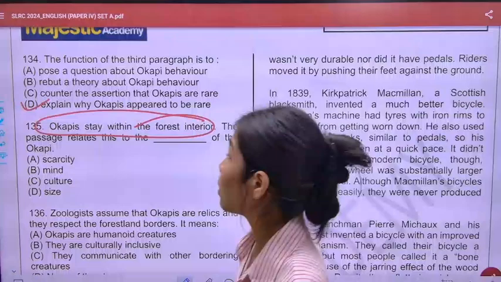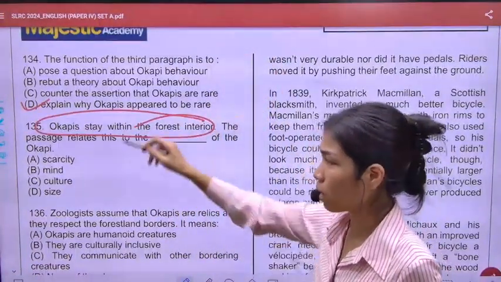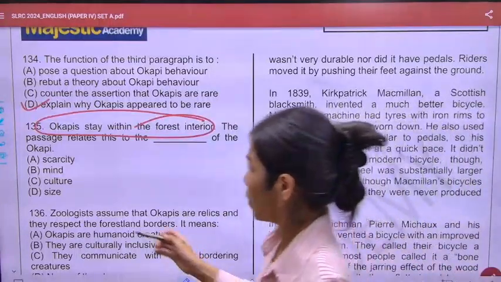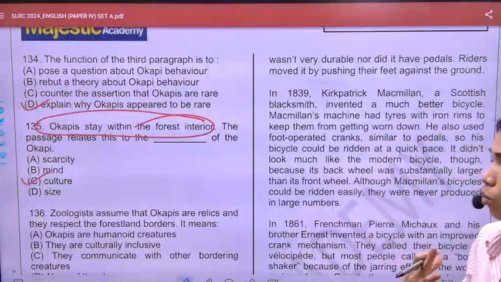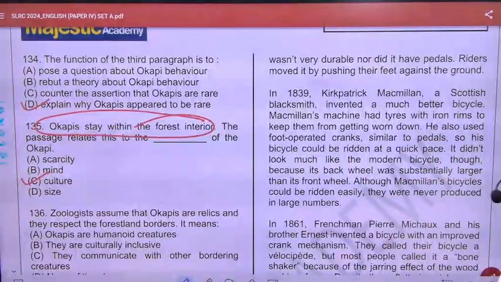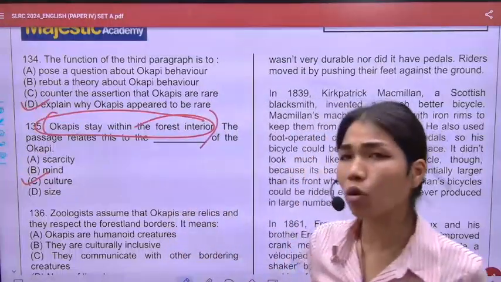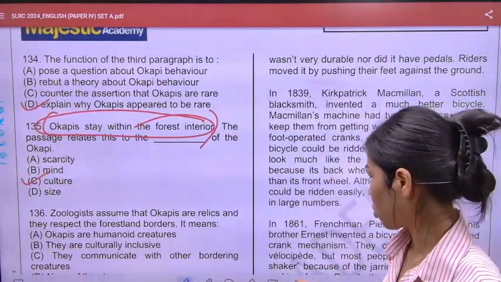So the passage relates this to the behavior, and it should be option number C, culture. It is basically talking about their behavior: they are not rare, but because they like to stay inside, they seem to be rare in nature.